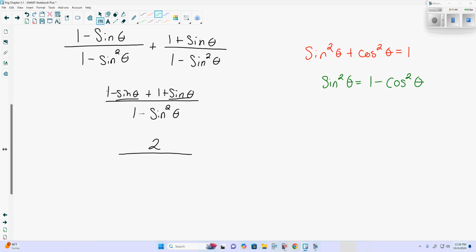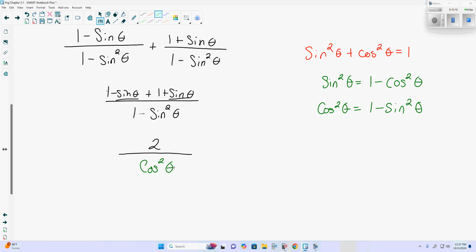But that also means that cosine squared of theta is equal to 1 minus sine squared. So if we had 1 minus sine squared show up in a problem, we can replace it with cosine squared. So here I can replace the bottom with that.